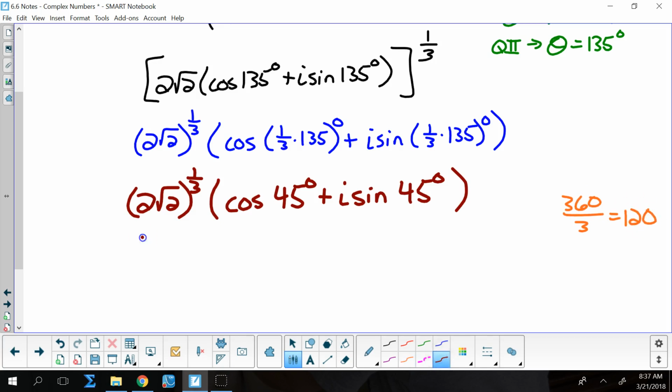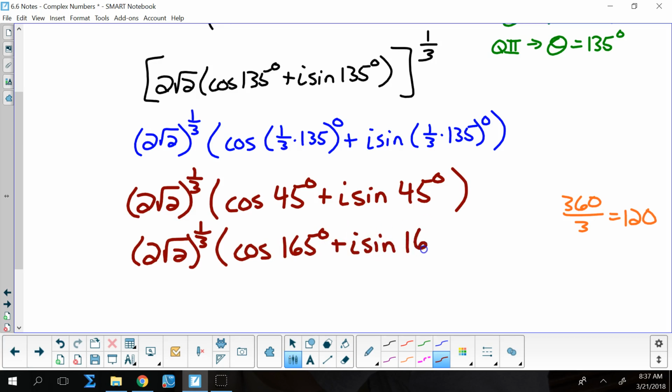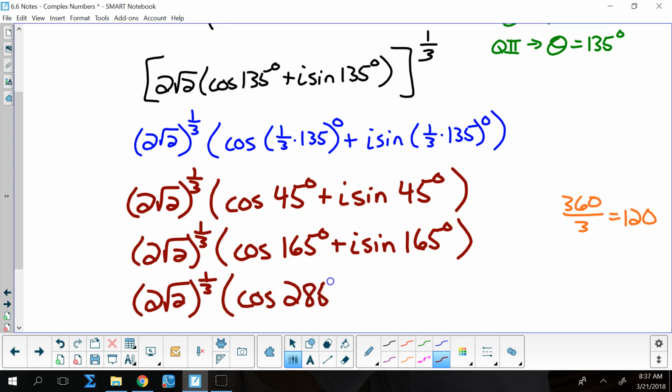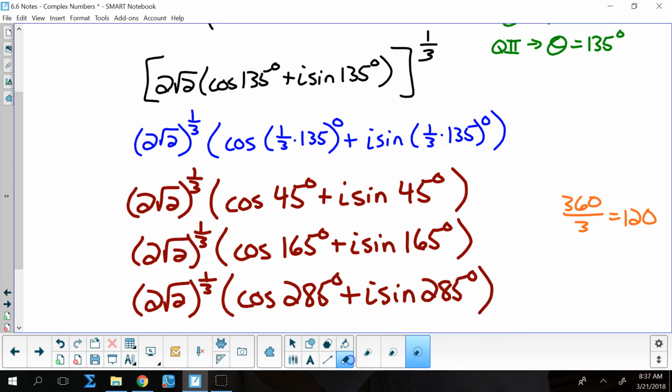So my other two roots are cosine of 165 and 285. Oops, guess we'll redo that whole 285.